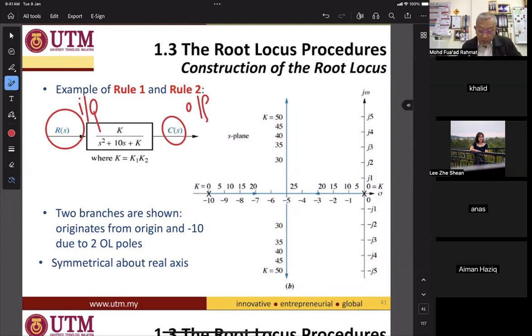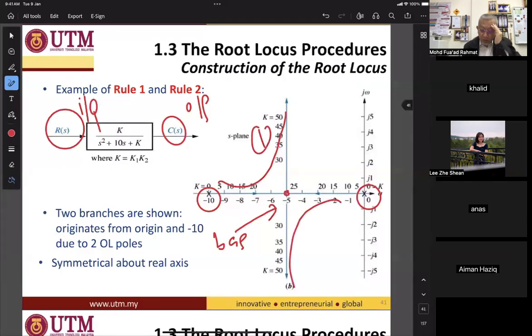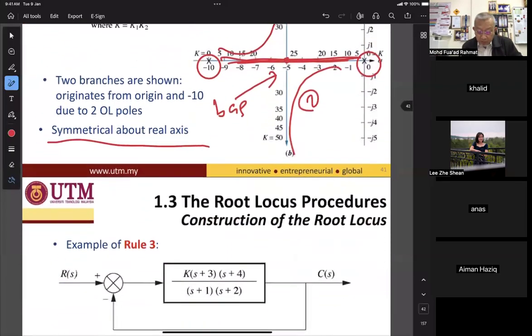These are the open loop poles at -10 and 0, and -5 is the break point. So we have two branches, one here and the other one here. Two locus paths due to the two open loop poles, and it is symmetrical about the real axis when you flip on the real axis.